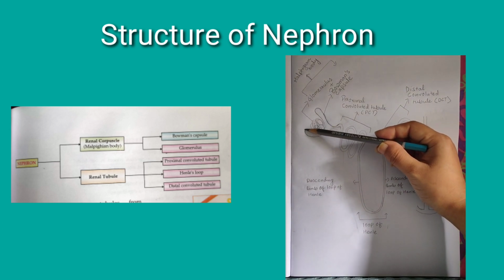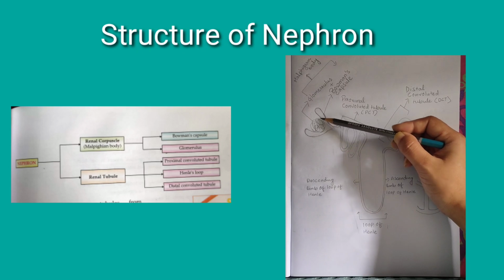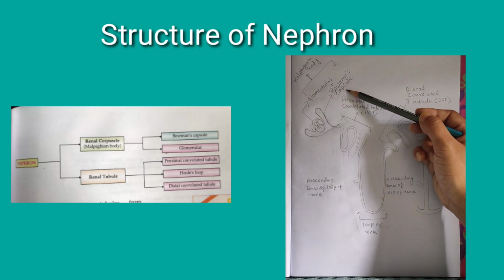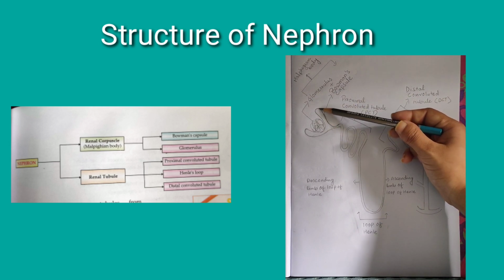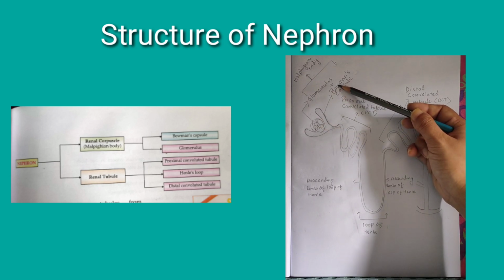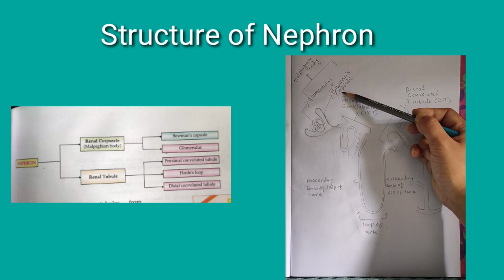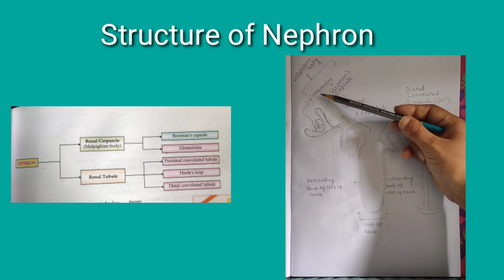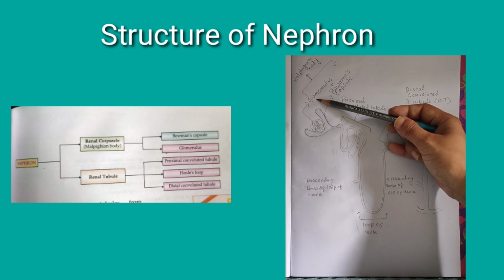The cup-shaped structure that you see here is referred to as Bowman's capsule. Just the cup-shaped structure is referred to as Bowman's capsule. And this knot of capillaries which is present in the Bowman's capsule is known as the glomerulus.